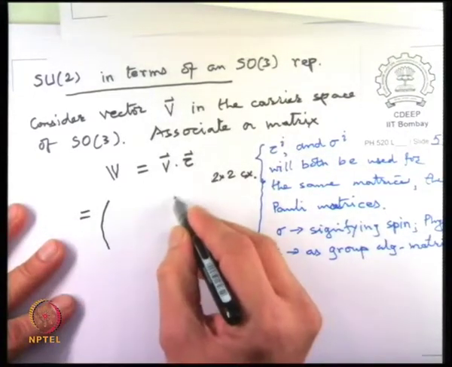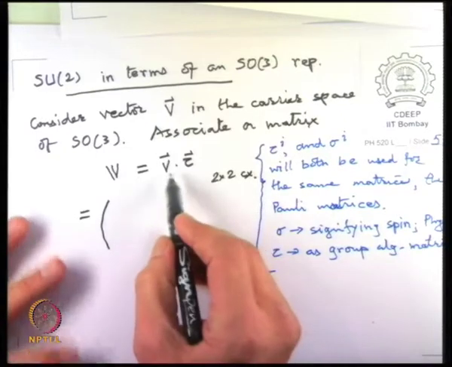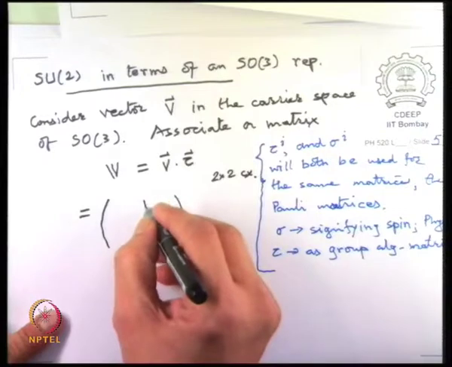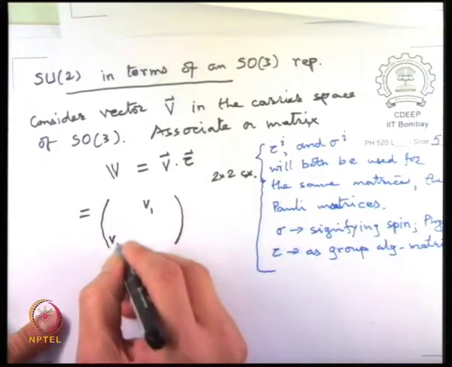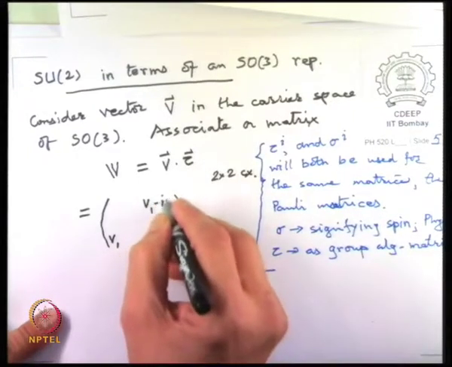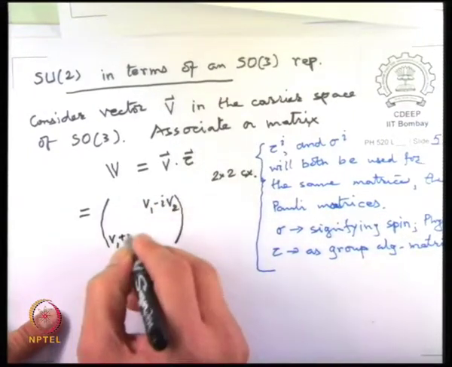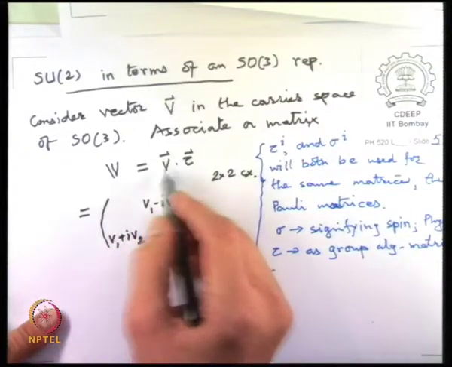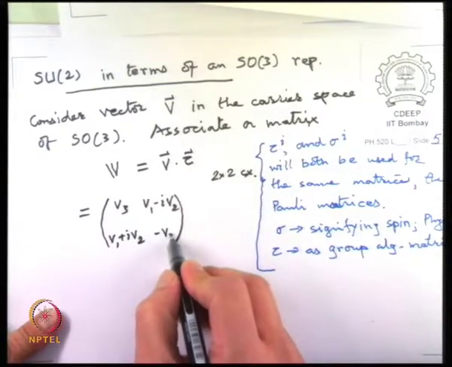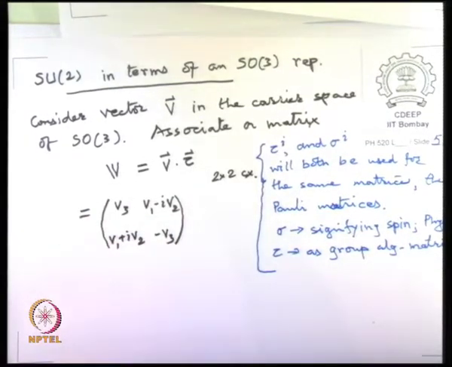What it will become is, V1 times tau 1 will basically put the V1 here, then V2 times tau 2, so minus i V2 and plus i V2, and V3 times tau 3, so V3 and minus V3. So this is what this matrix looks like. Out of our 3D vector, we create this 2 by 2 complex matrix.